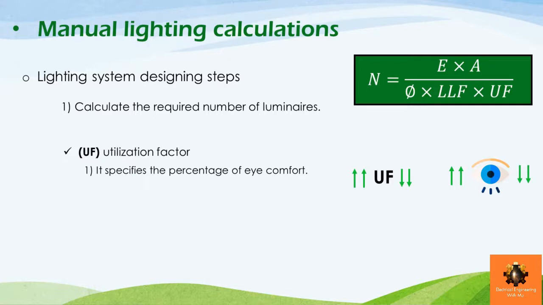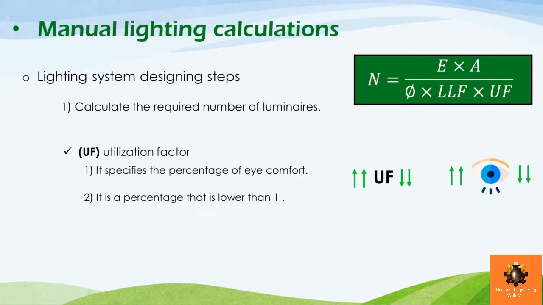And this utilization factor is a ratio which is less than 1 in all cases. If its value is 1, this means that we have an ideal system at 100%, but actually no lighting system is 100% ideal, so it's a ratio less than 1.